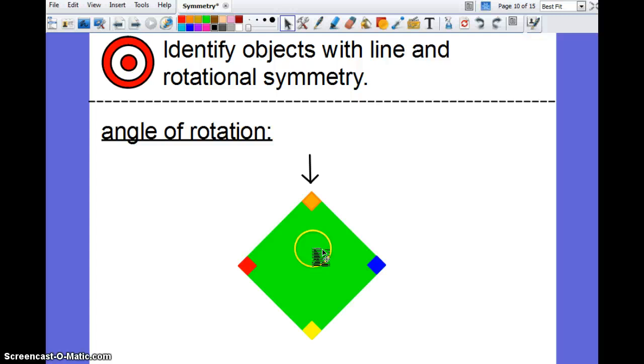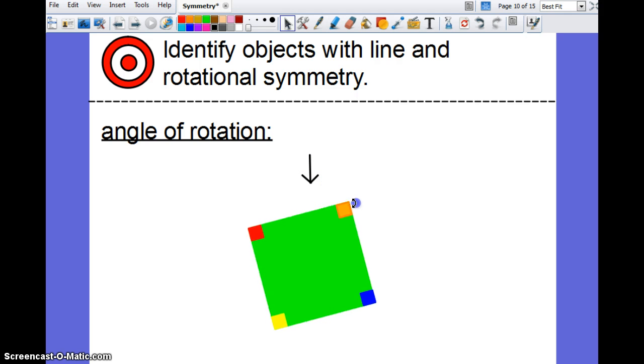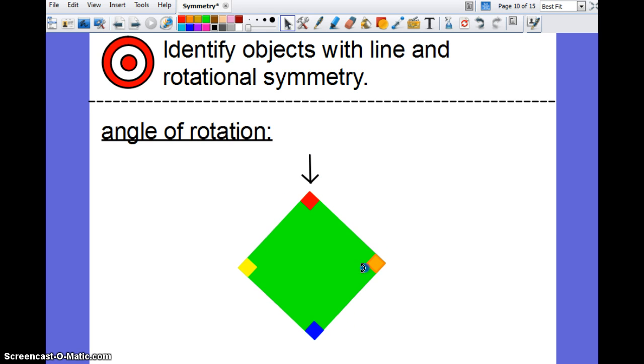I have this square here, and I'm assuming I just colored the vertices so that I could see, whenever I turn it, what the different vertices are. But whenever you're rotating it, please do not worry about the colors matching up. When I rotate this 90 degrees, notice as soon as I rotated 90 degrees, it matched up with itself again.